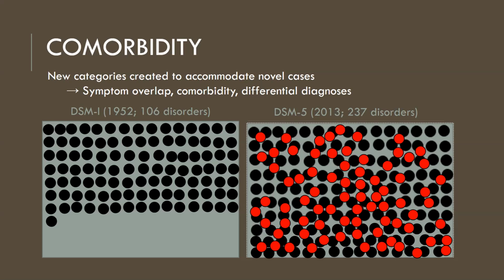Comorbidity is when a person's been diagnosed with more than one disorder rather than just one. Because we have so many disorders and we've kind of run out of mental health real estate, as I like to describe it, we just have more people who have multiple things going on because they happen to have a constellation of symptoms that multiple labels describe well.